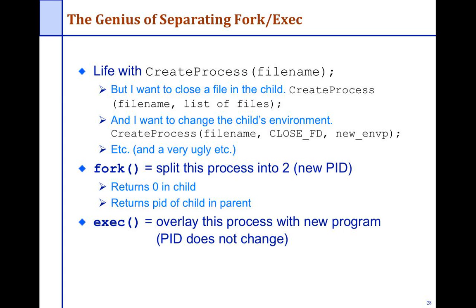What fork does is essentially split the process into two. It returns 0 in the child, and it returns the PID of the child in the parent, so that you know which is which.